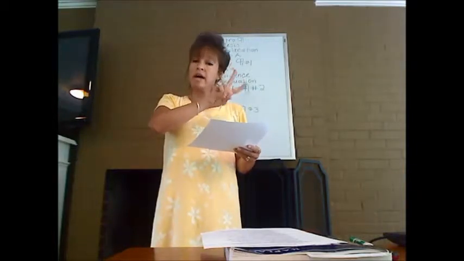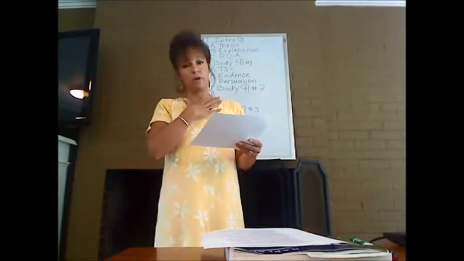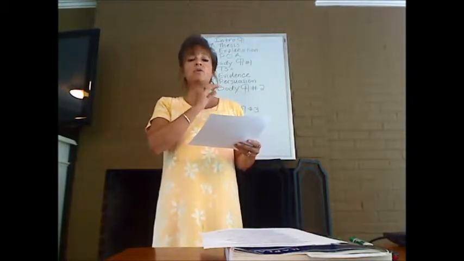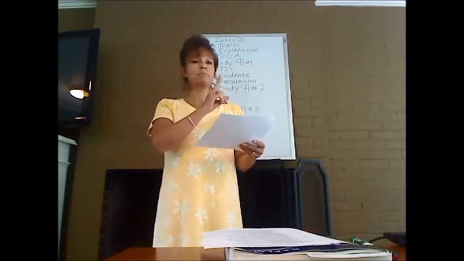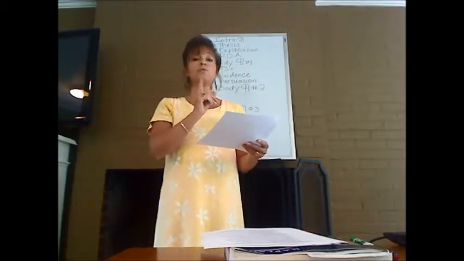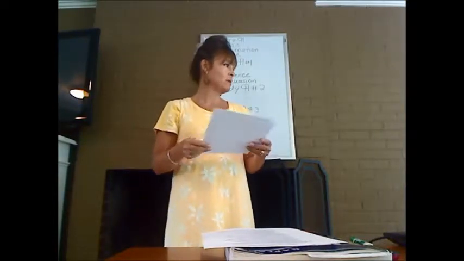Another pair, evidence wrapped in persuasion, which is the way I prefer to phrase it. So your body paragraph, topic sentence, evidence wrapped in persuasion, evidence wrapped in persuasion. Should we pause? Okay, we'll pause.